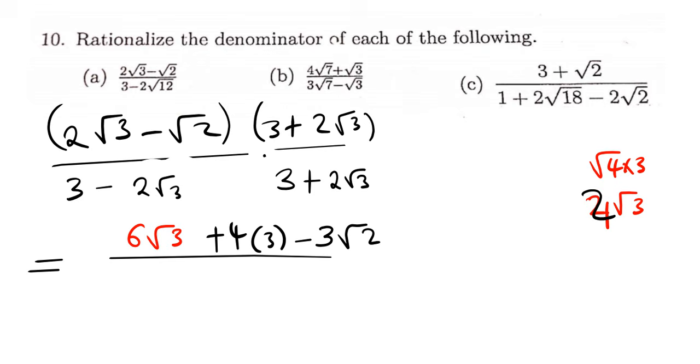Then negative root 2 multiplied by 2 root 3, here we have to be very careful, gives us negative 2 root 6.